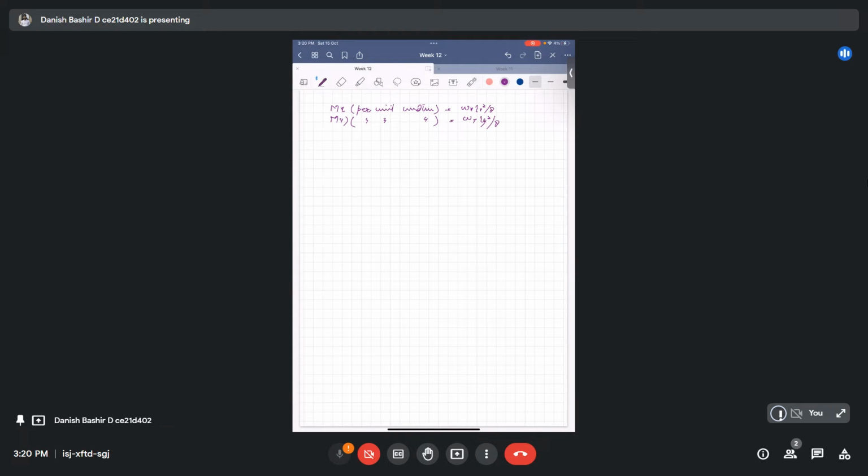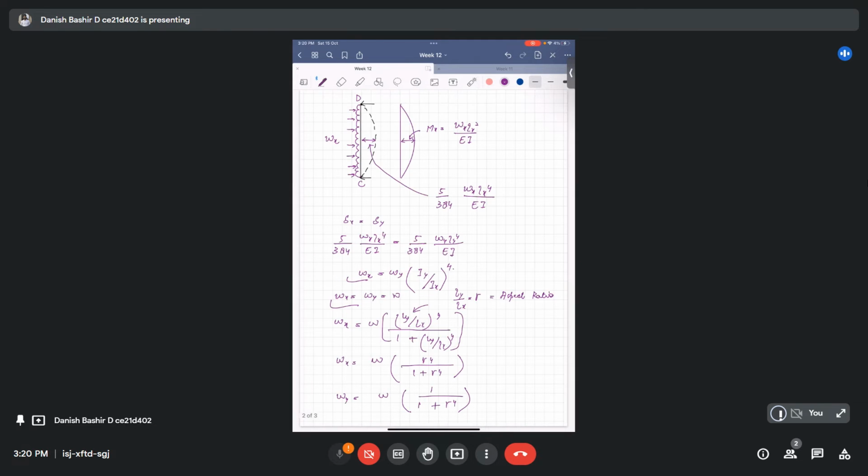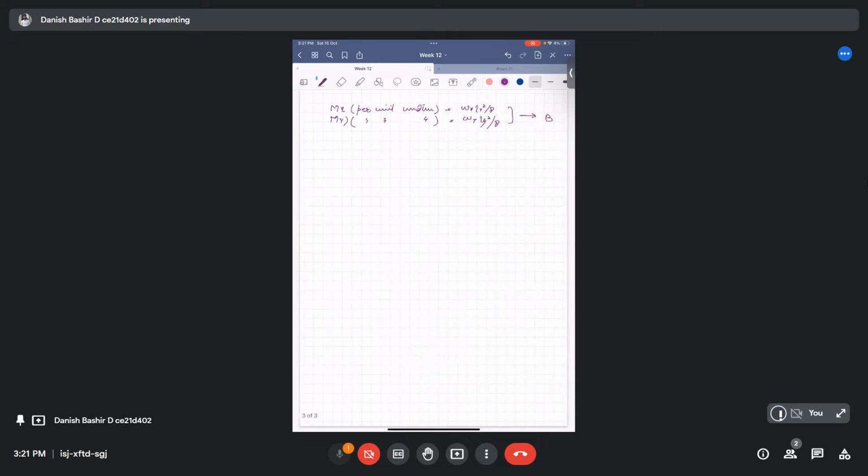When we substitute this equation, this is equation b and this is equation a, we substitute equation b in equation a, we get the expressions for moments: Mx as alpha x w (lx) whole square and My as alpha y w times (lx) whole square.